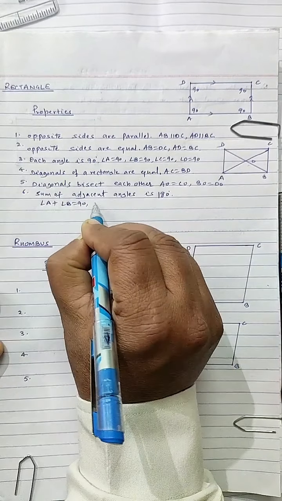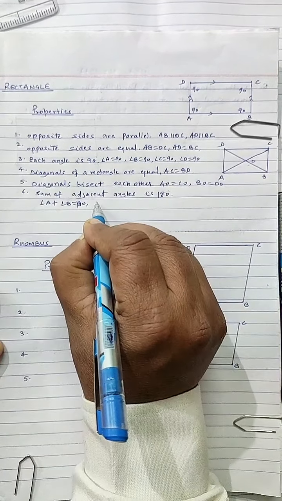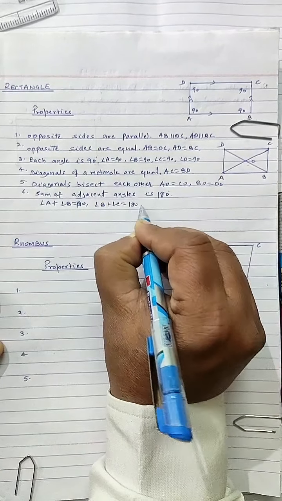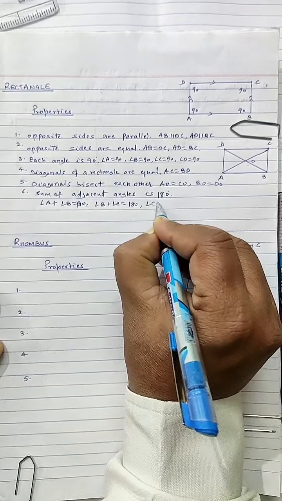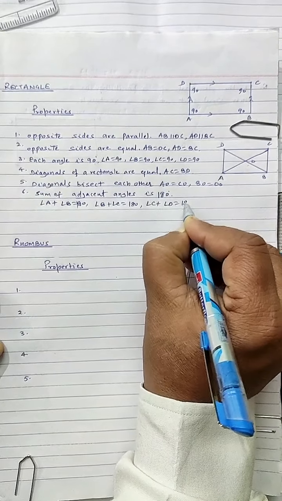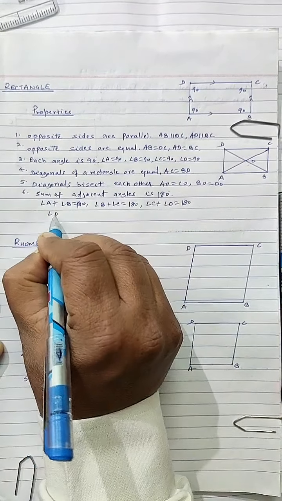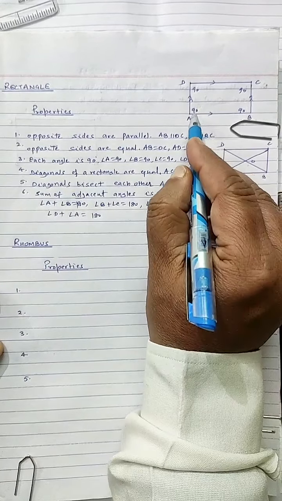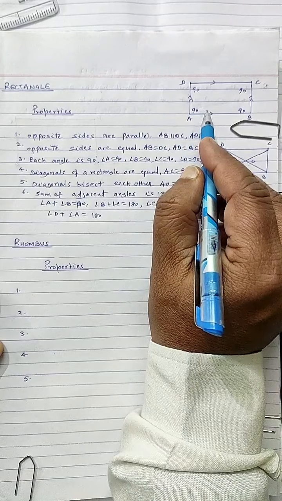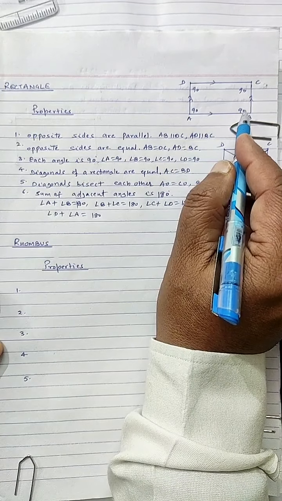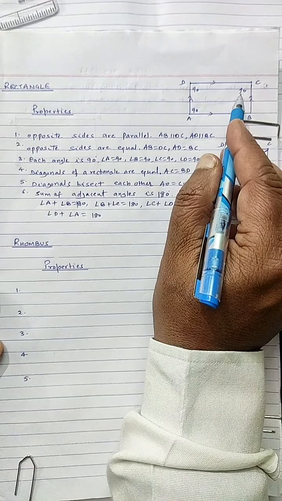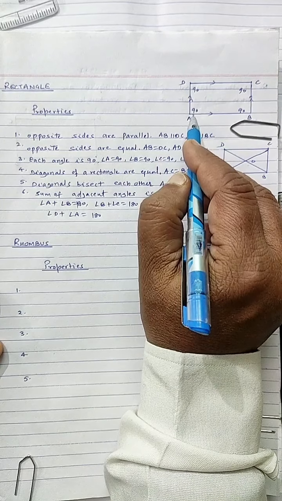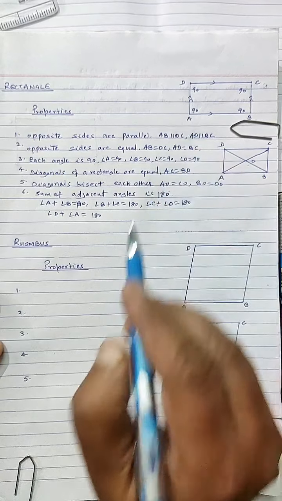Angle A plus angle B is 180. Angle B plus angle C is 180. Angle C plus angle D is 180. Angle D plus angle A is 180.